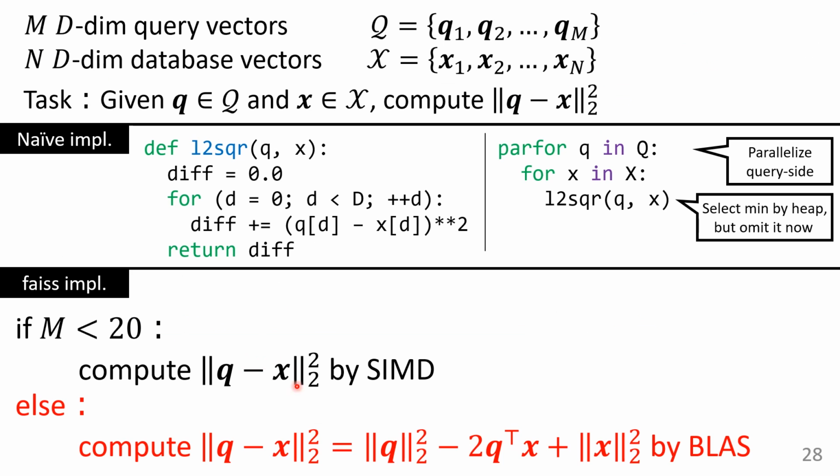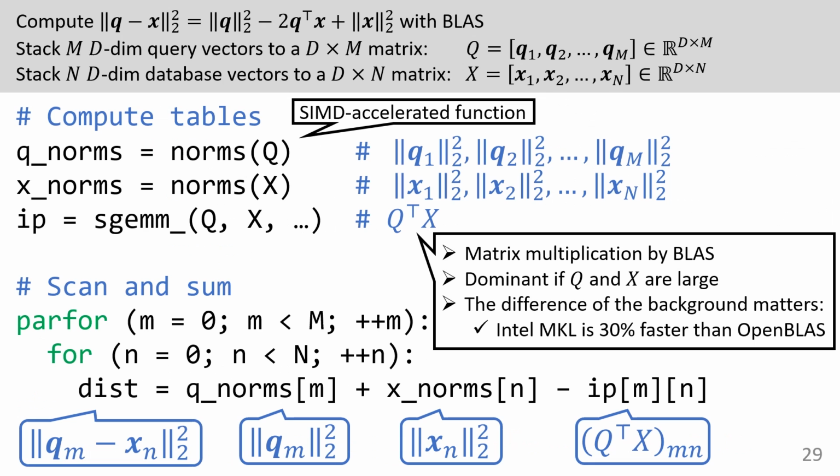Then let's move to this one, the BLAS thing. So here we compute this equation by BLAS. We first stack m d-dimensional query vectors into a d times m matrix, big Q. And in the same manner, we stack database vectors like X, right?